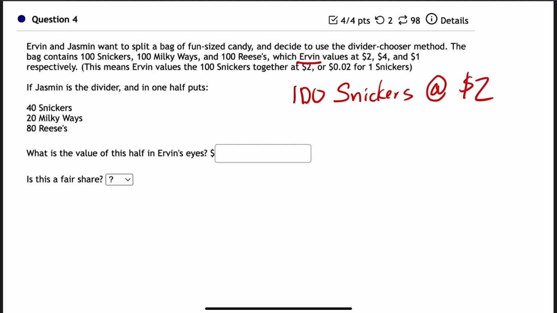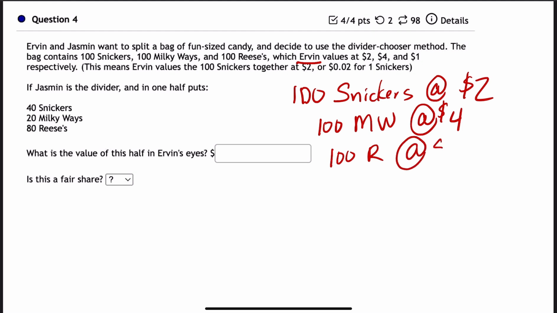So 100 Snickers is worth $2 to Irvin. The 100 Milky Way is worth $4 to them, and the 100 Reese's is worth $1 to them. So the question is, how much is one Snickers, one Milky Way, and one Reese's worth?